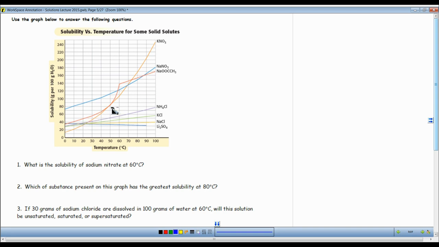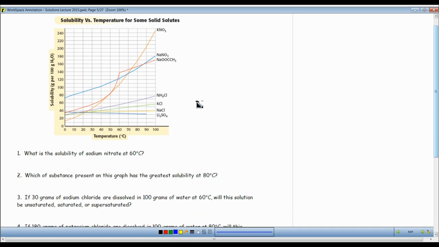As you increase the temperature, you increase the solubility, which is what this graph is measuring. This is the temperature of the solvent in degrees Celsius, and this is the solubility, in grams of these solids that dissolve per 100 grams of water, or 100 milliliters of water.